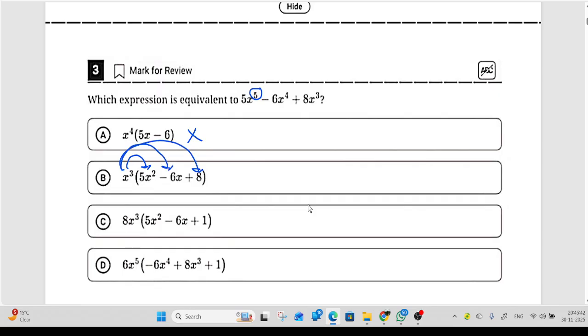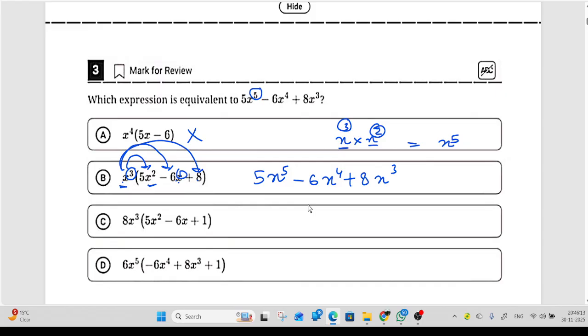So first we multiply these two, 5 and x squared times x cubed. When the base is the same, both bases are x, we add the powers. So we write x and 3 plus 2, which is going to give me 5. So 5x to the power 5 minus 6x times x to the power 3, so this is 3, this is 1, so 3 plus 1 is 4, x to the power 4, then 8 times x to the power 3.